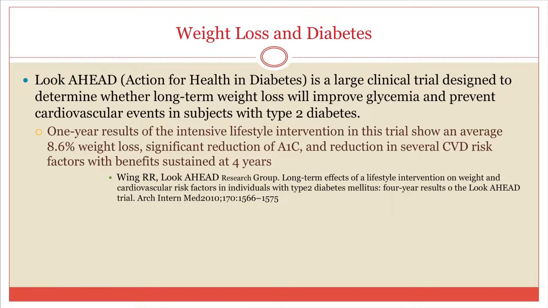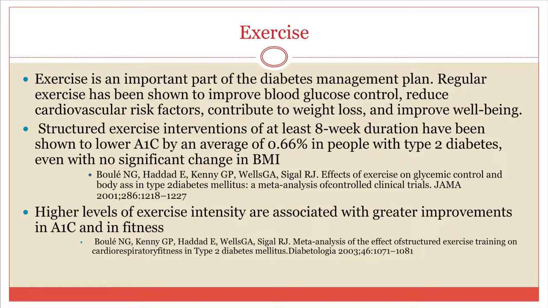One-year results of intensive lifestyle show that you need about 8% weight loss to significantly reduce your A1C, not so different than we knew before. And exercise. I can't overstate the importance of exercise in prediabetes and diabetes. The higher the level of intensity, the greater the increases in fitness, and the higher the insulin sensitivity, the better this works.